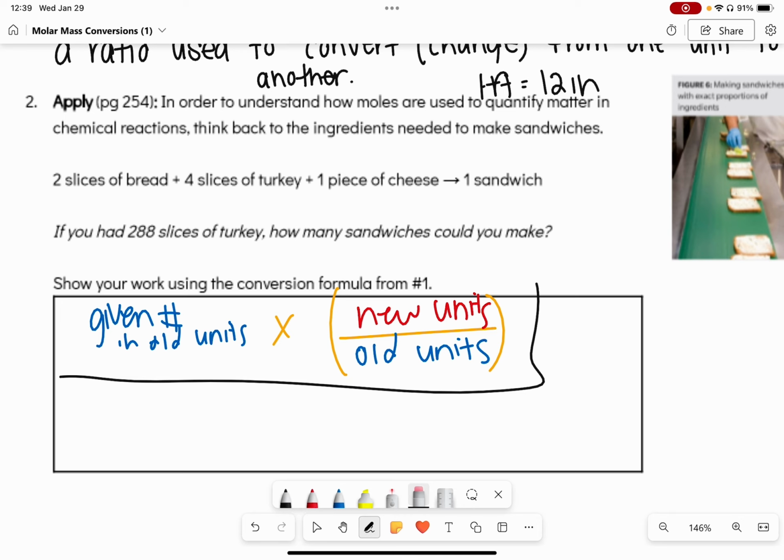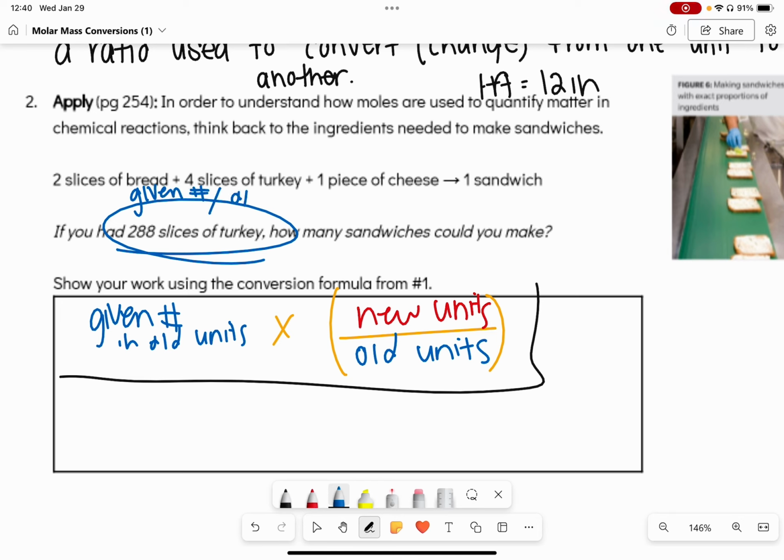Now that I know the question, I can go back and label the question. And this is an important step that a lot of people skip, but you shouldn't, because it helps you determine where the information needs to go. So I'm first going to label the number that they gave us to start with. 288 slices of turkey. This is my given number.